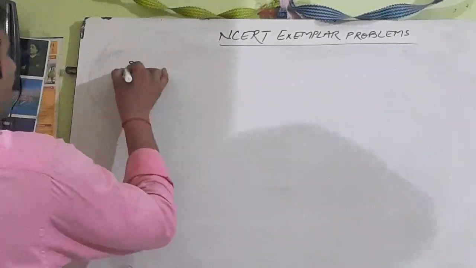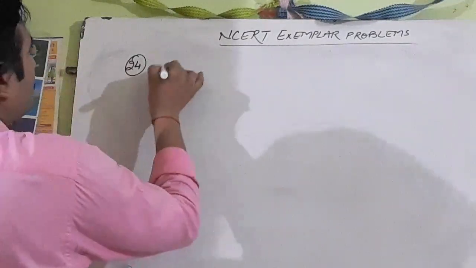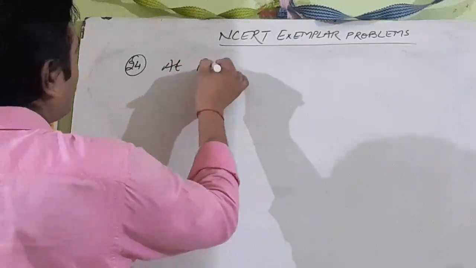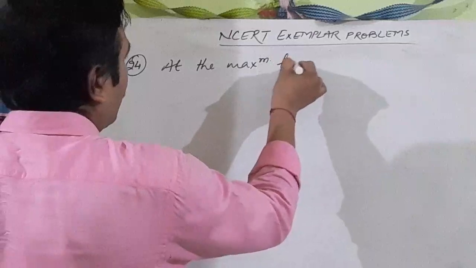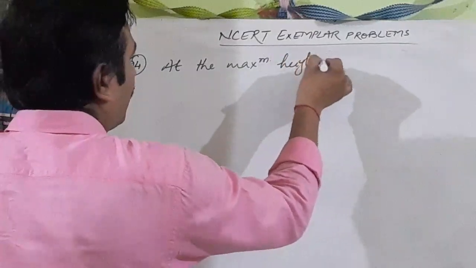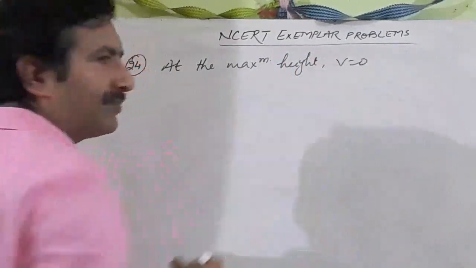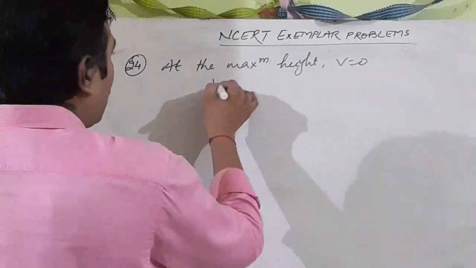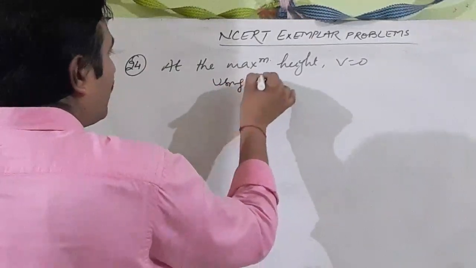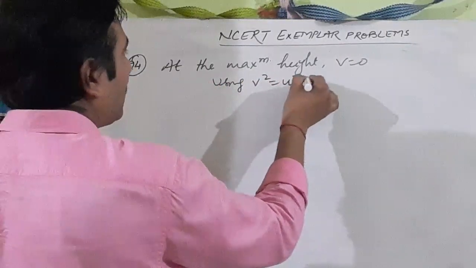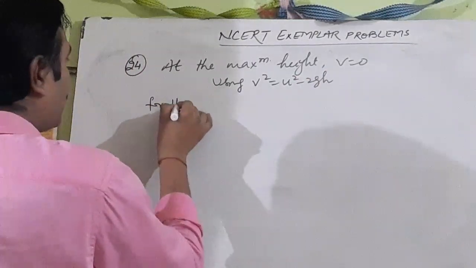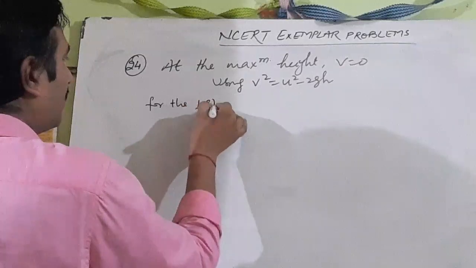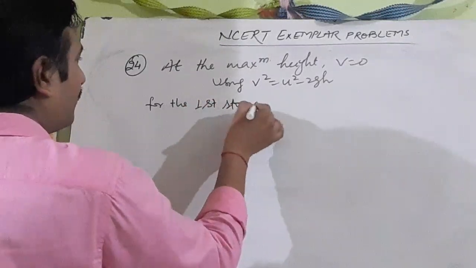So one thing you know, that at the highest point, at the maximum height, V is equal to 0. Use this formula. V square is equal to U square minus 2gh for the first stone.